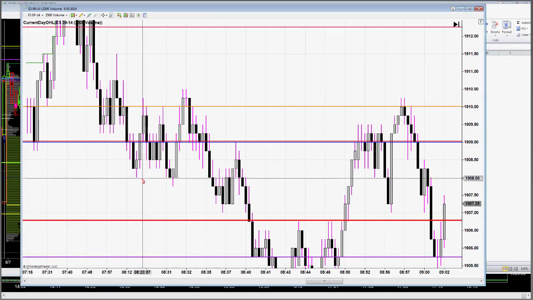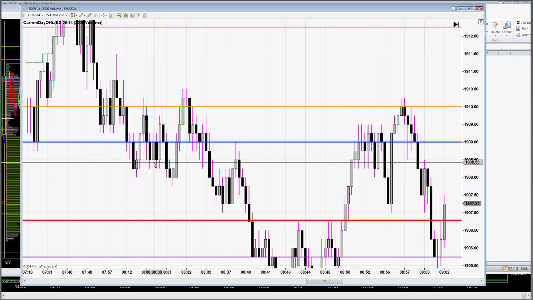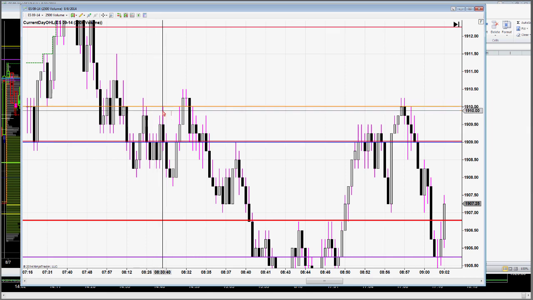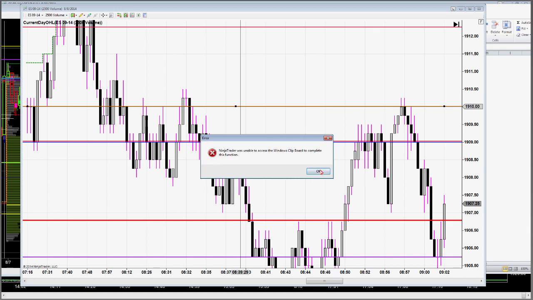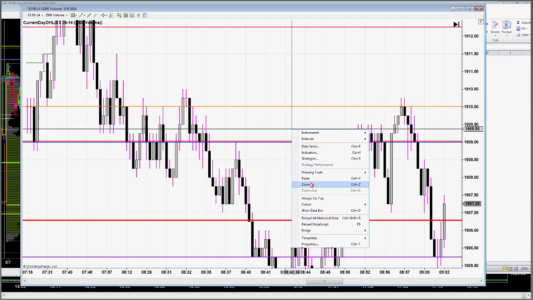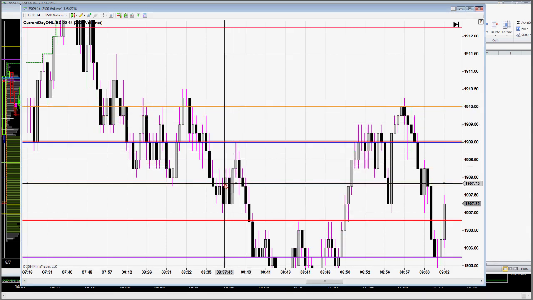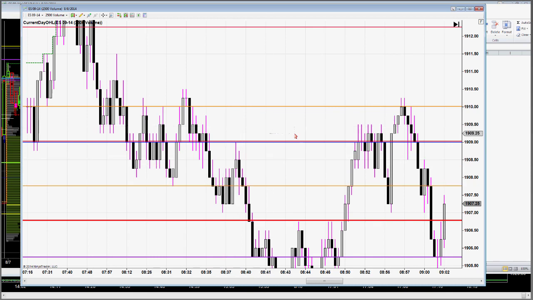For the opening swing, starting here at 8:30, there's my open. I'm looking for the initial push up, which was right here, and the initial push down. That would be 1907.75 and 1910.